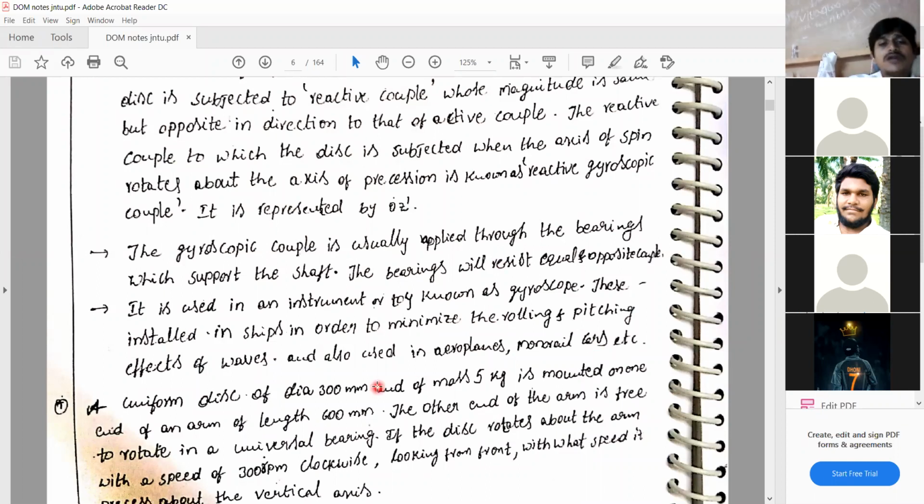If you observe, we generally see the gyroscopic principle in toy instruments. Aeroplane or helicopter toys are operated by some remote system.